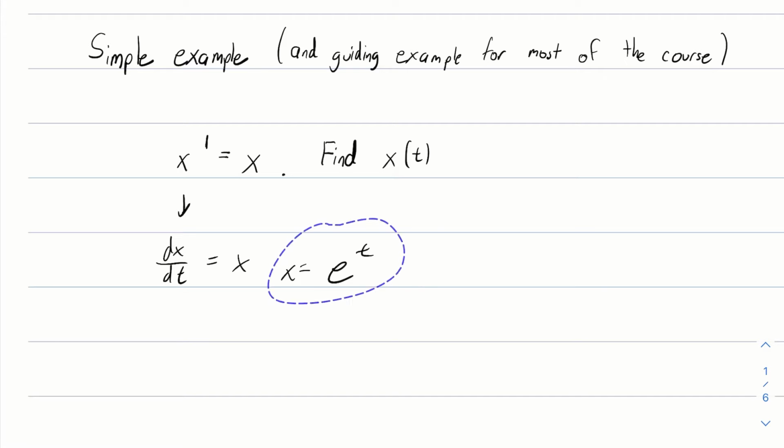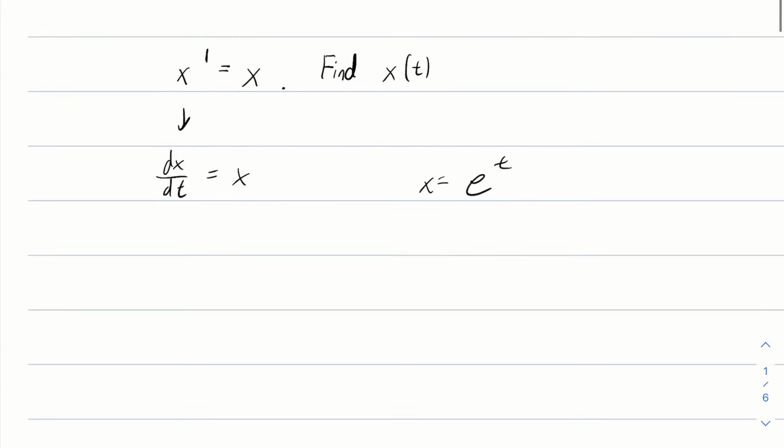Let me just separate that out so it doesn't look like crap. But basically you differentiate the exponential, and x prime is still going to be e to the t. Well, actually k e to the t, because the constant is going to remain there. So any constant times e to the t, and you're just going to keep getting it back.